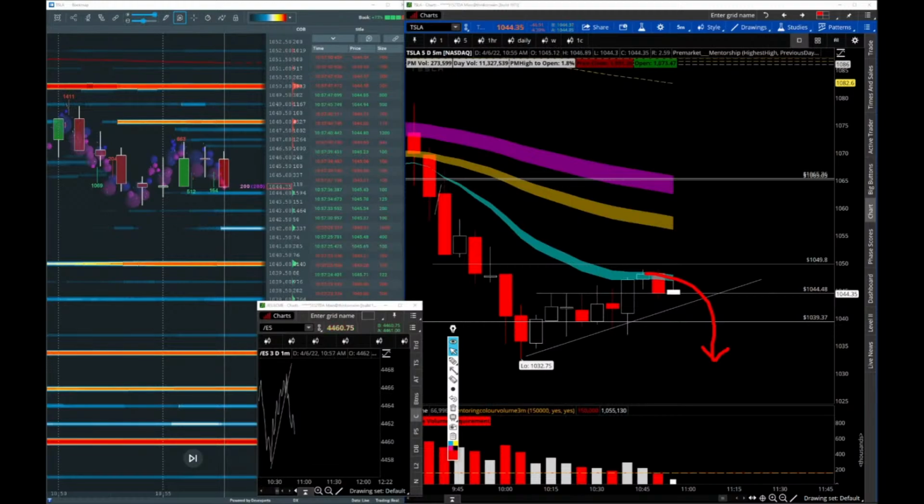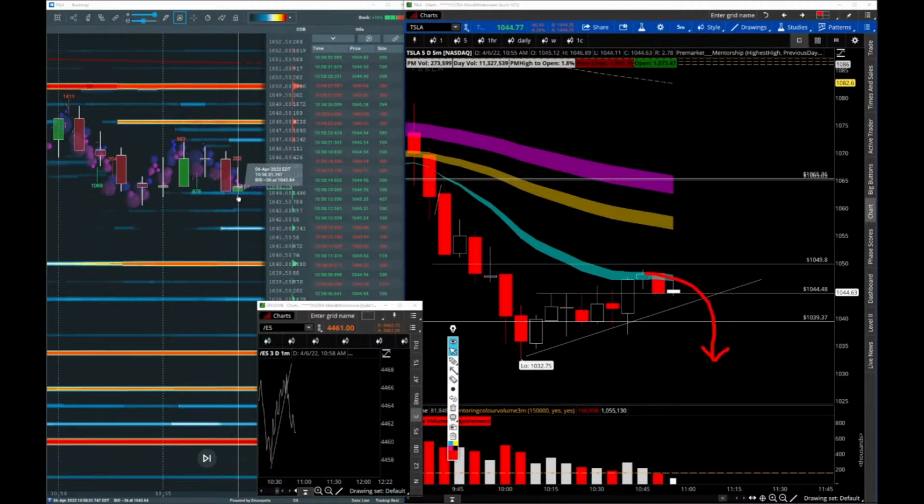So new relative lows right now on ES. Breakdown incoming of this support.